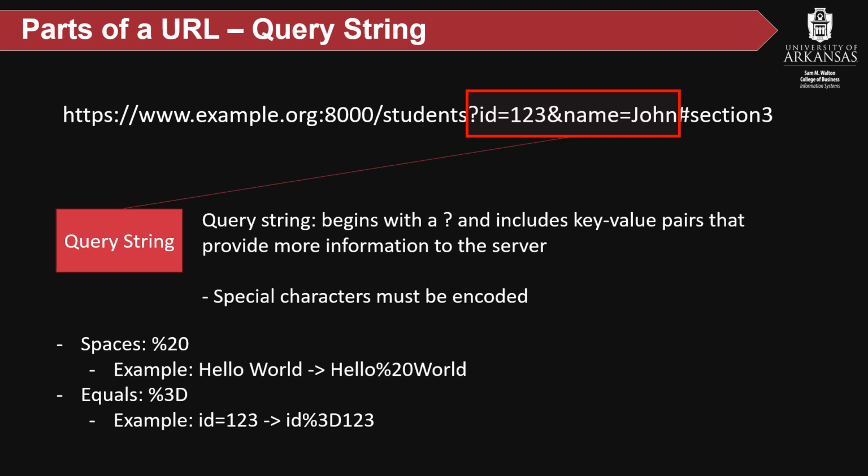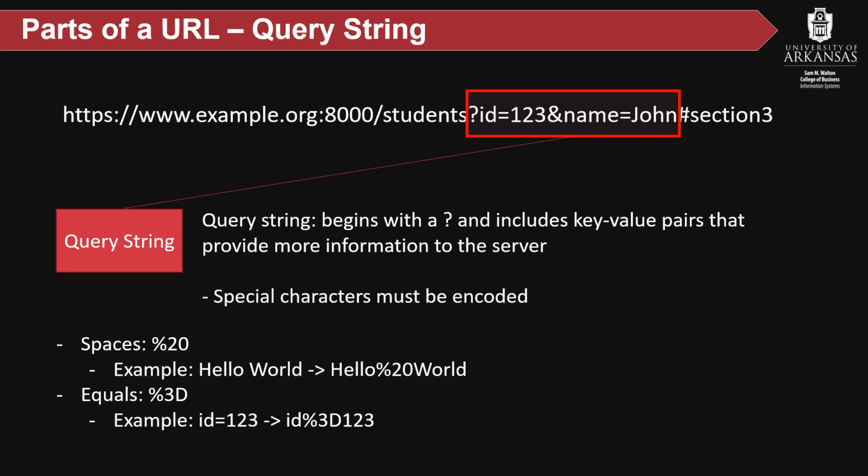Here are two examples. Spaces are encoded by %20, whereas an equal sign is encoded as %3D. And so in the example here, if we need to pass a value of hello world as one of our key value pairs, we need to encode it as hello%20world. That way the server knows how to unpack that, turn it into a space.